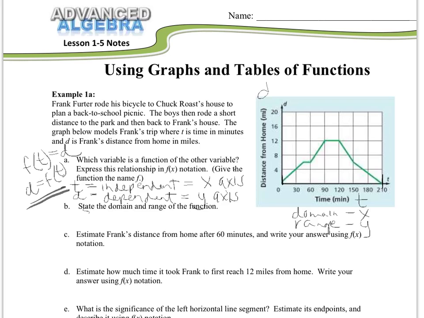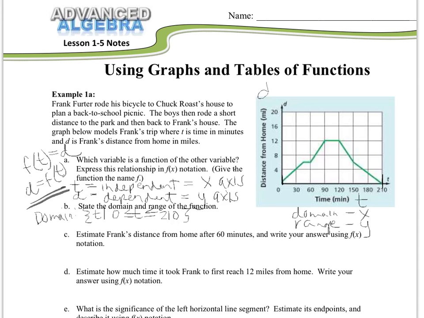We would write it using set builder notation: t such that t is greater than or equal to 0 and less than or equal to 210. That's the domain.